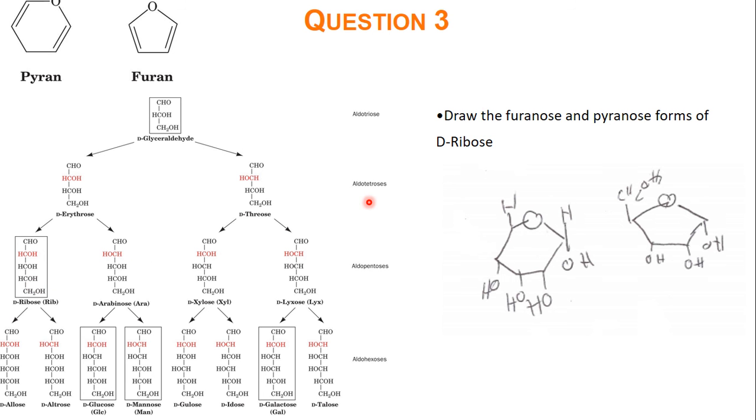To draw ribose with a 5 atom ring, the very last OH attacks our C double bond O. If you have the furan form, with 4 carbons, your last chiral carbon attacked your C double bond O to make 4 carbons in the ring.